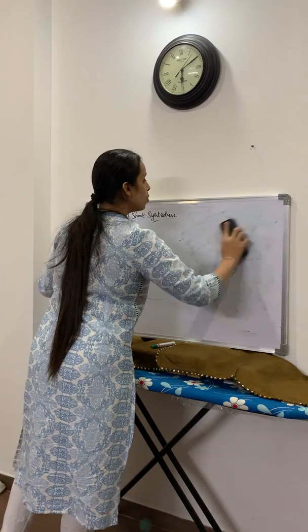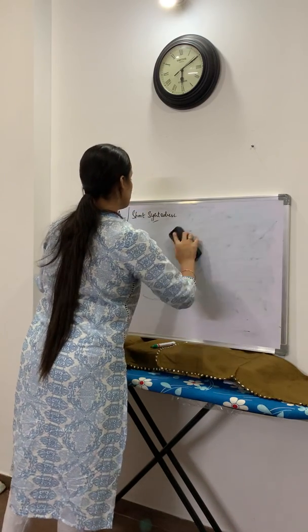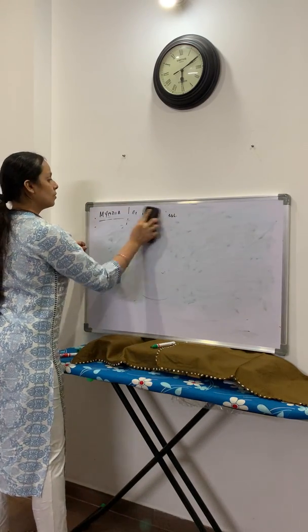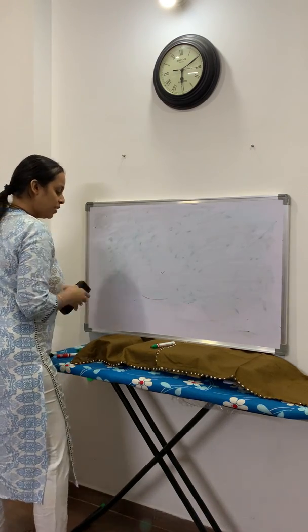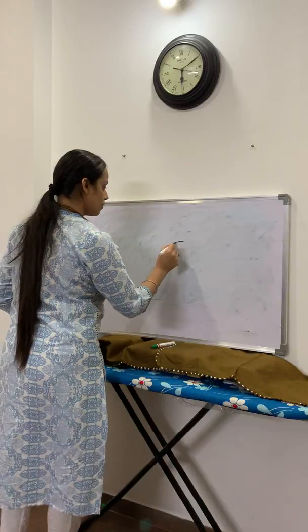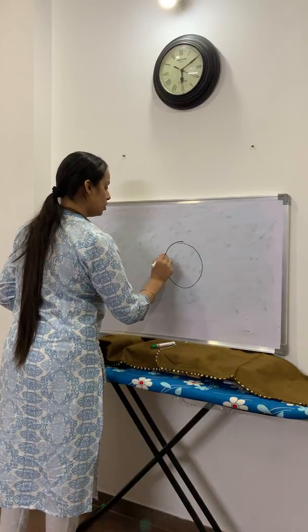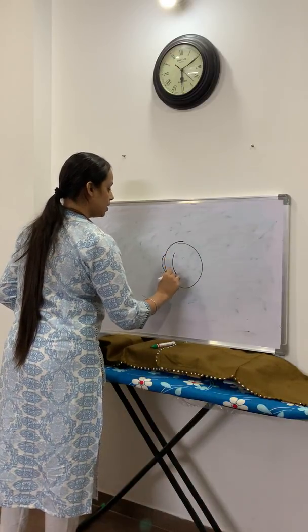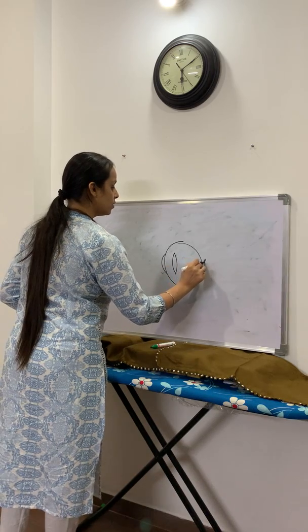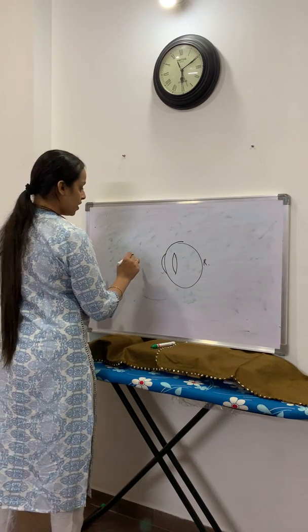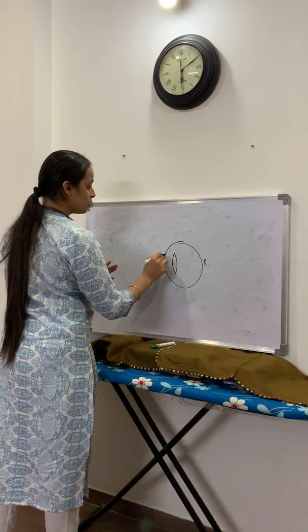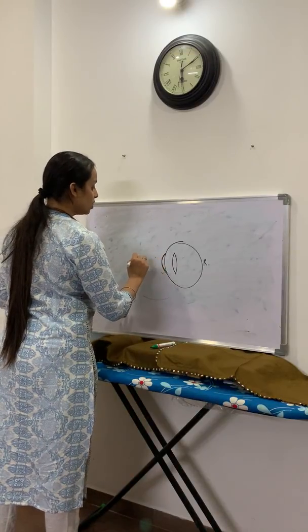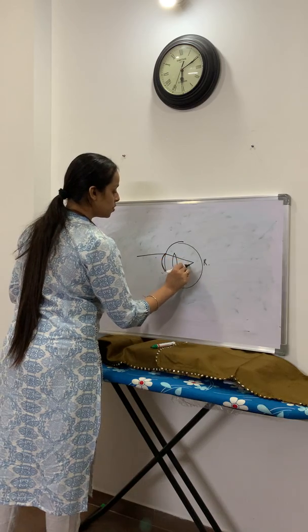Now, how are you going to correct this condition? So obviously I will explain it to you in terms of a diagram. Eyeball, cornea, lens, and retina. If suppose there is an increased refractive power of the eye, or if suppose there's a problem with the curvature of the cornea, the rays are coming, getting focused here.